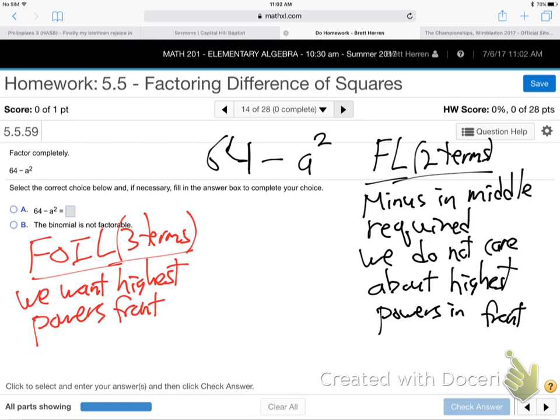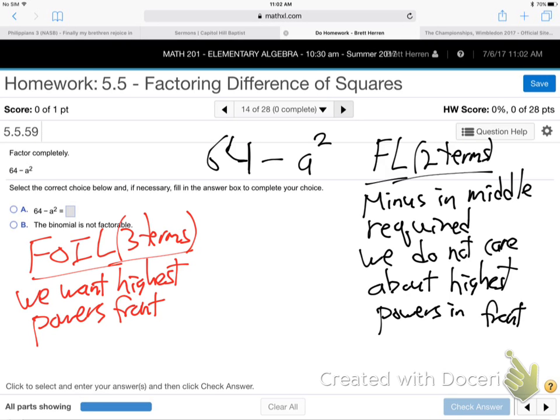So three terms, FOIL, we want highest powers in the front. That's what we did yesterday. Remember we did a bunch of them yesterday, and I kept saying, hey, you got to reorder that. You want the highest power in the front. We'll do a couple more today. When there's three terms, FOIL, we care about highest power to lowest. But for two terms, FL, I don't care about that. I just want minus in the middle.